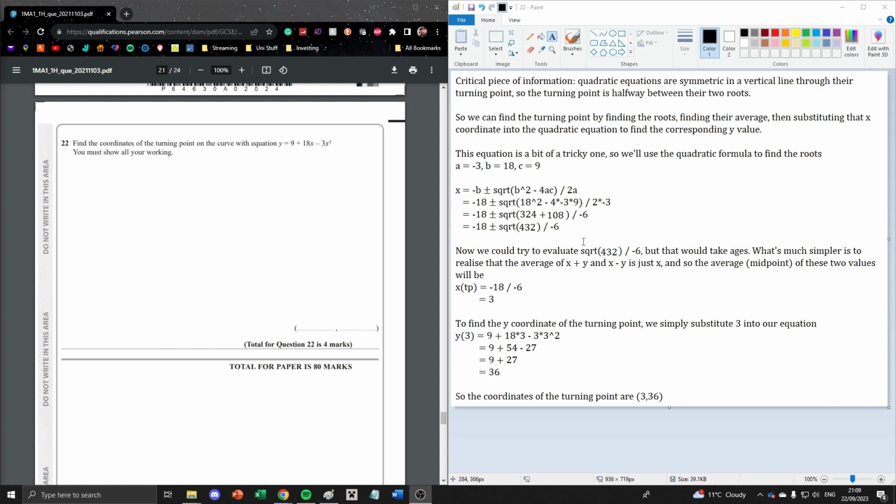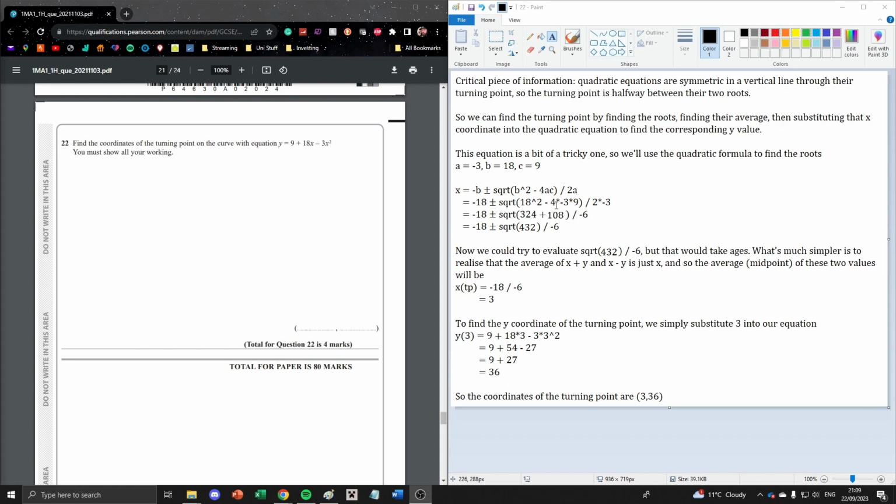So we're going to substitute in now. Minus b, so minus 18, plus or minus the square root of b squared, so 18 squared, minus 4 times a, minus 3, times c, 9, divided by 2 times a, which is minus 3 again. We're going to simplify this now, so 2 times minus 3 is minus 6. We know 18 squared is 324, so you can work that out on pen and paper, or just memorize that number.